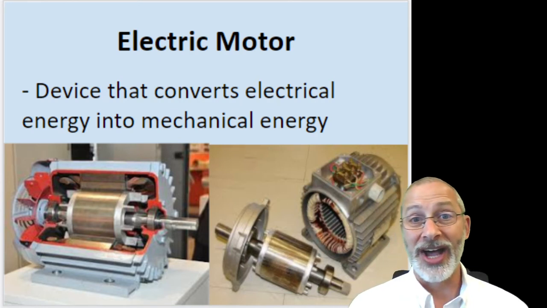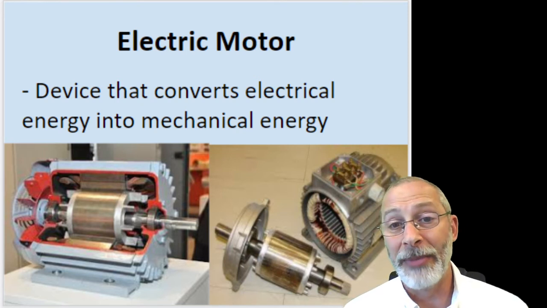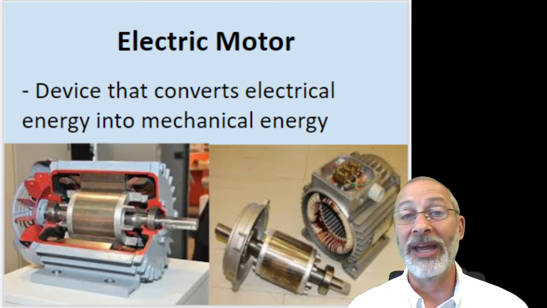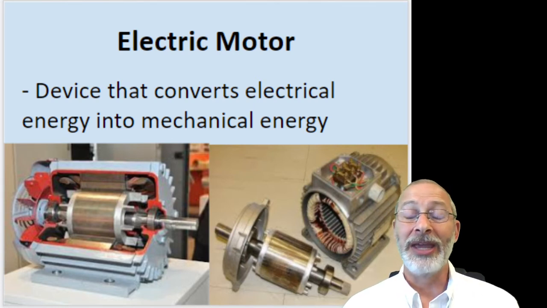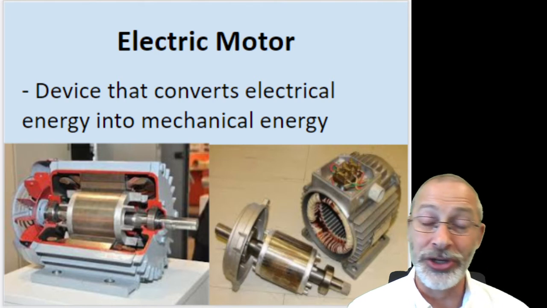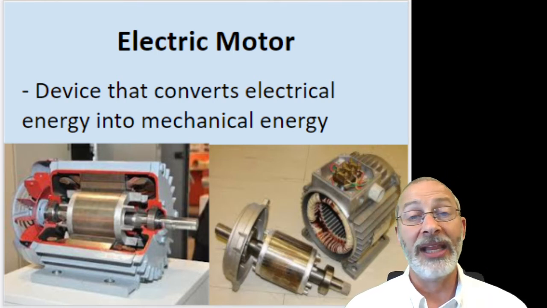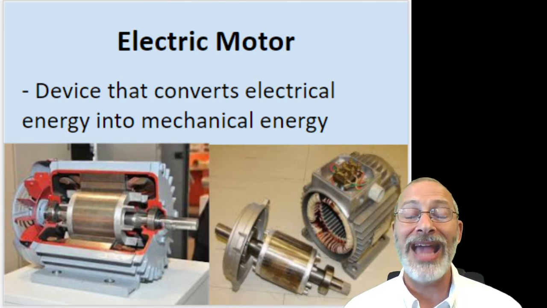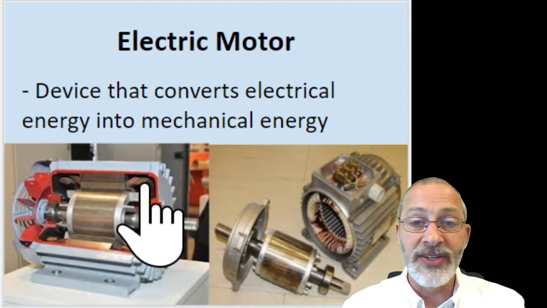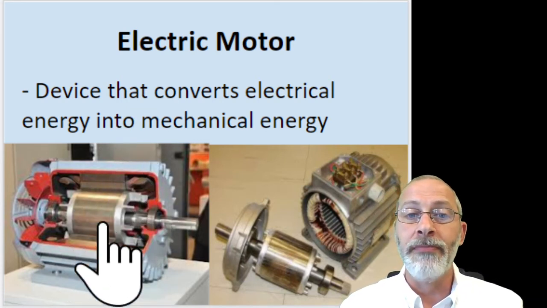Now, in the last topic, we learned how, and in future topics too, for that matter, we'll learn how mechanical energy, like from wind or water, can be converted into electrical energy for us to use. Well, an electric motor does the opposite. An electric motor takes that electrical energy and converts it into mechanical energy. So here's an example, a cutaway of an electric motor.